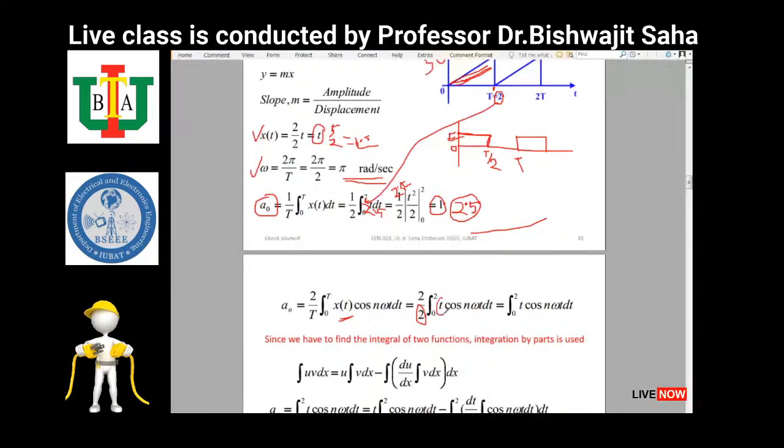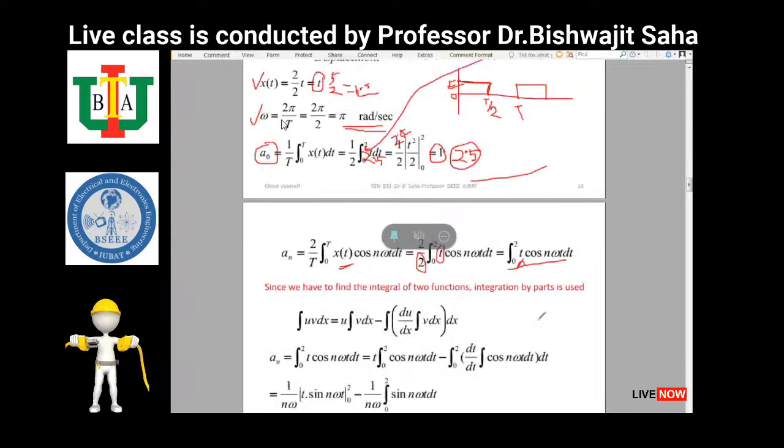After that, you can see here t cos n omega t dt. That means two parts in this integration, so we need to apply the UV formula, that is, integration by parts. Yes, sir.